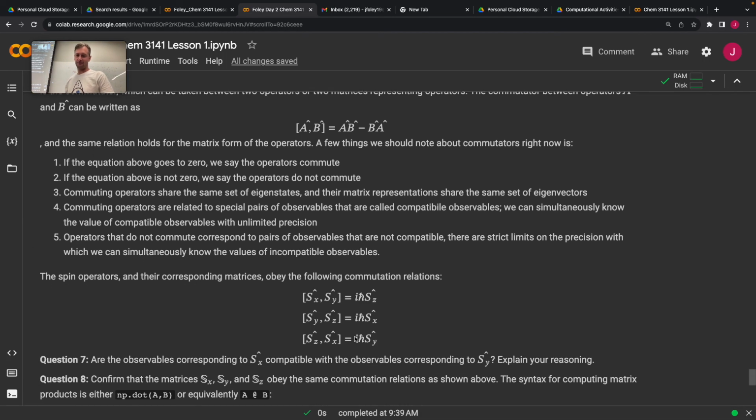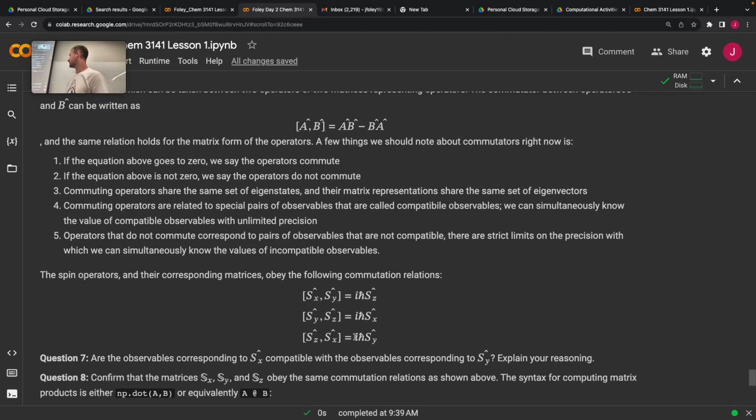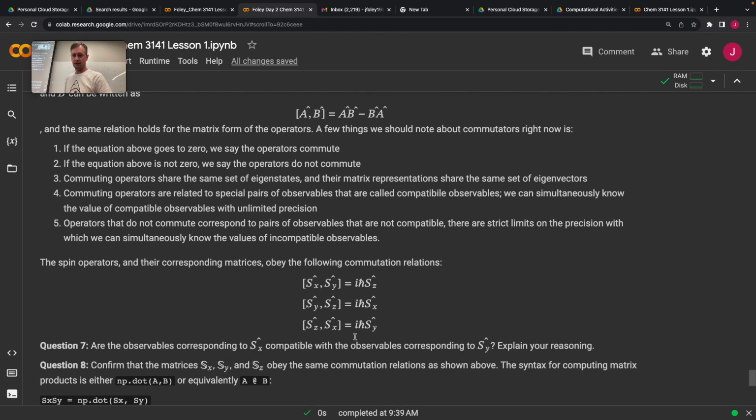This is an attempt to close the loop on why the outcomes of the Stern-Gerlach experiment with multiple spin boxes, Sx, Sy, or Sz, give you the results that they do.